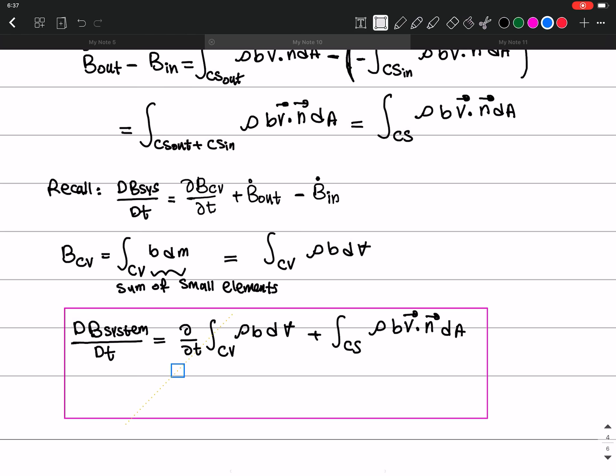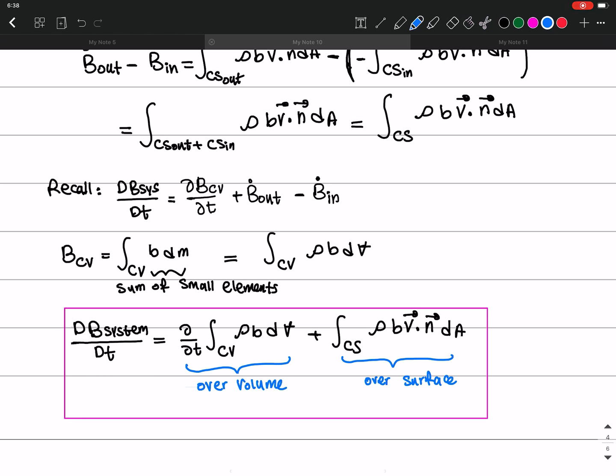And this term, as you see, is the change over the volume. We first calculate the change over the volume, and then this is the change over the surface. Okay, so this is important.